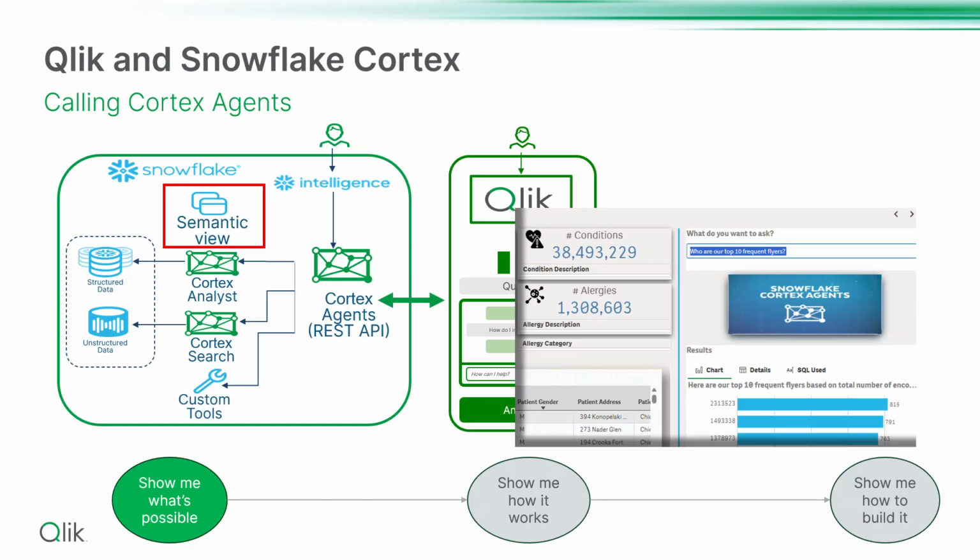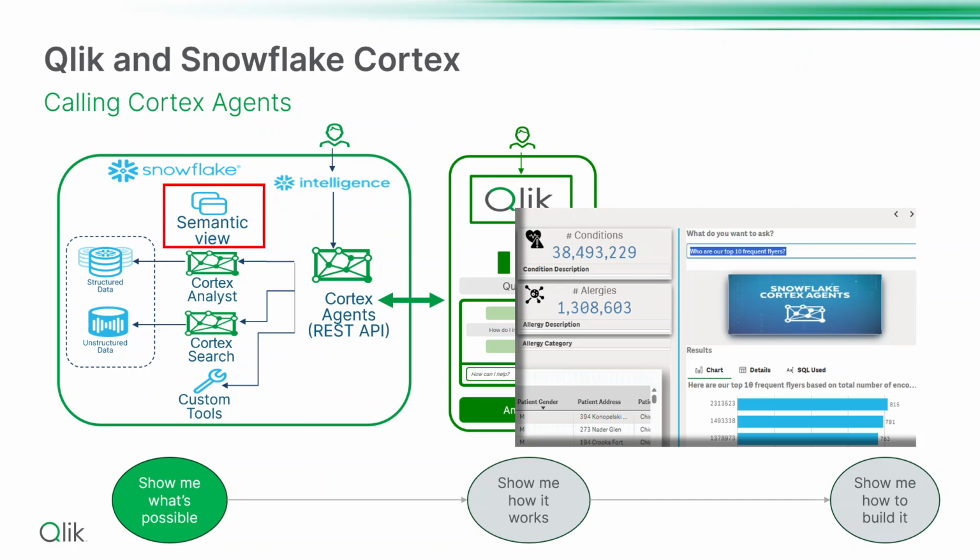Snowflake provides a RESTful API interface to their agents that allows Qlik to talk to those semantic views surfaced through Cortex agents. Qlik supercharges that process because any filters you make within your application can be applied to the question.